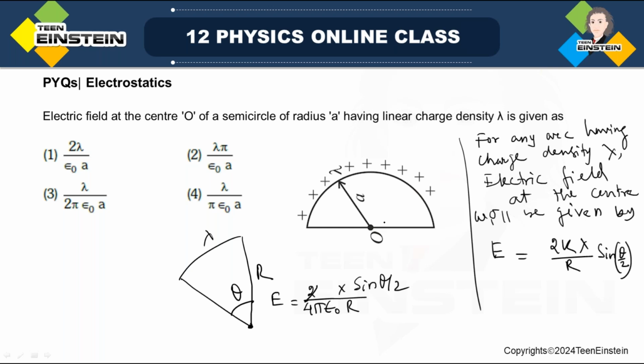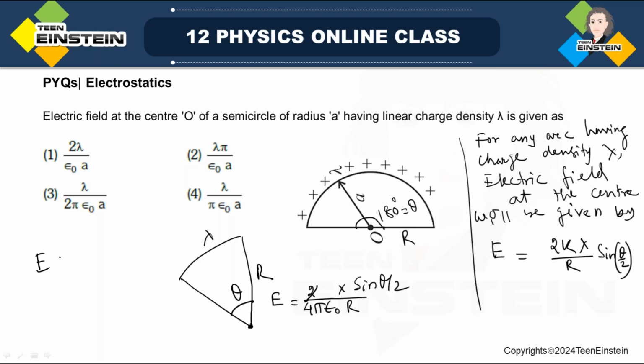Now here you have got a semicircle. So this arc is making an angle of 180 degrees, so theta is 180 degrees here. Radius is given as capital R and lambda is given. What else do you need? So what will be the electric field at the center, that means at O?